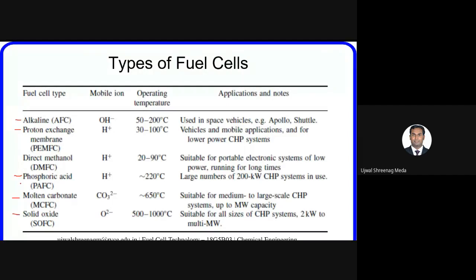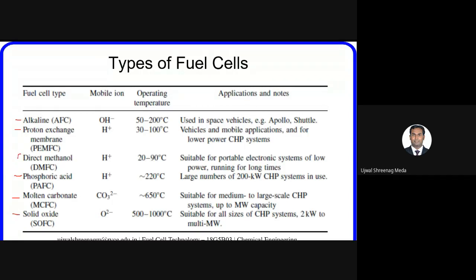In the phosphoric acid fuel cell, as the name itself indicates, the electrolyte is an acid and a liquid. In the molten carbonate fuel cell, molten carbonates are used as electrolytes. And in the solid oxide fuel cell, the electrolyte is a solid metal oxide.